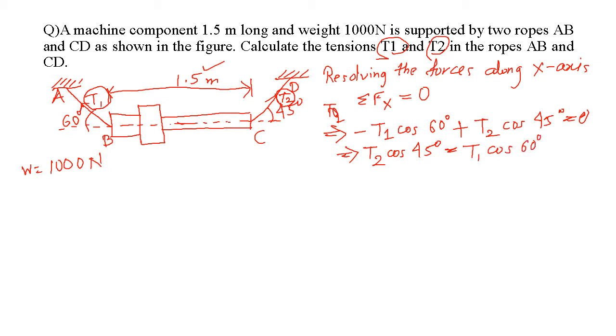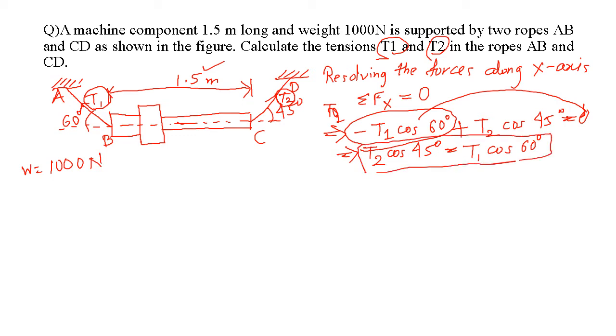We are shifting this term to the opposite side of the equal sign. This is equation 1. If we solve this, we get T1 equal to 1.414 T2.